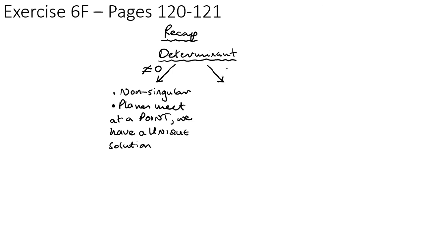Okay, if the determinant does equal 0, there are two possible choices that we're concerned about. The first one is that the planes meet at a sheaf, and they will meet at a sheaf when we have infinite solutions or an infinity of solutions.